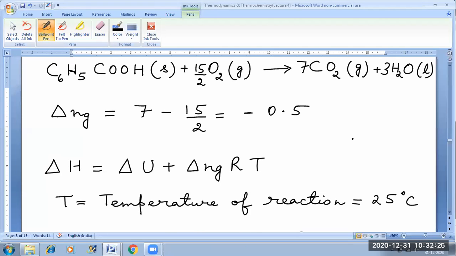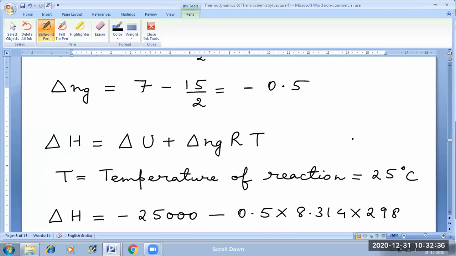Now I can put the values. Temperature of reaction is 25 degrees Celsius. Whatever is the initial temperature corresponds to the temperature of reaction. But 298 Kelvin is the value of temperature because I cannot use 25. I have to convert it to Kelvin.